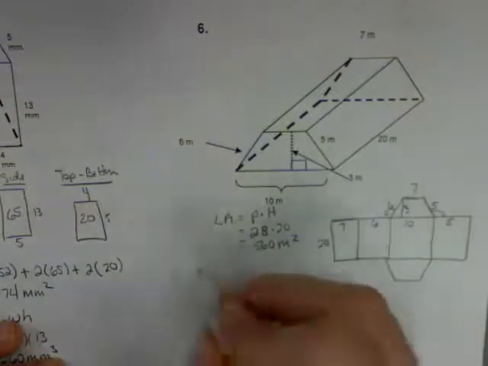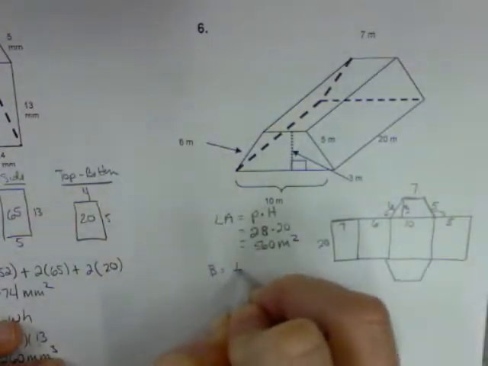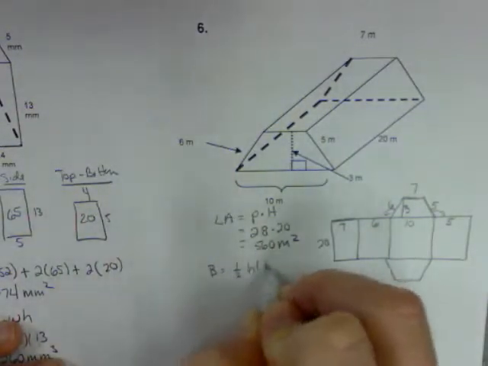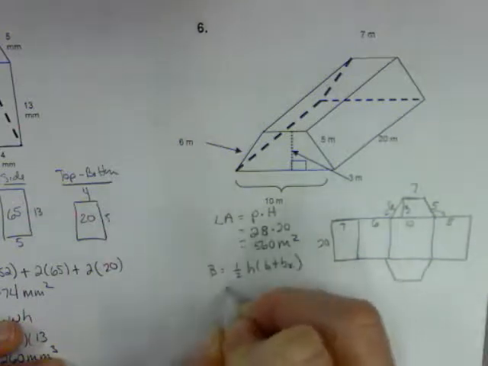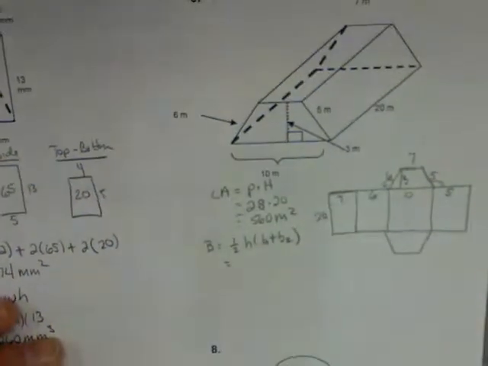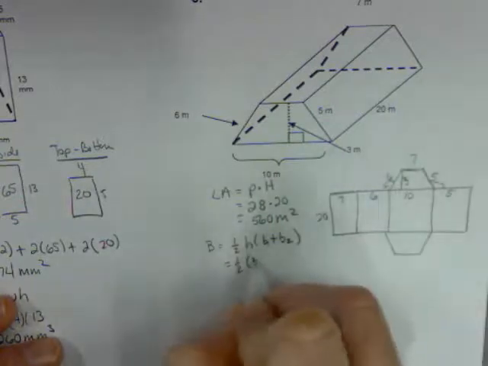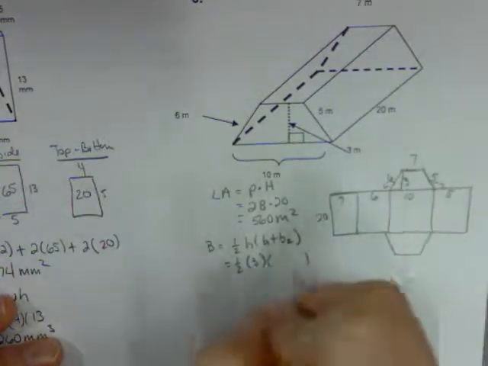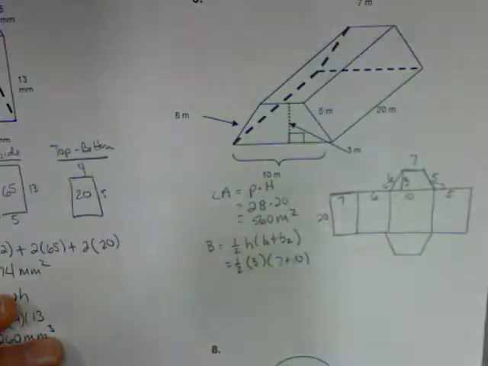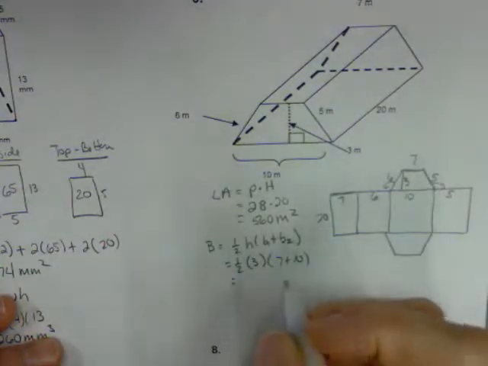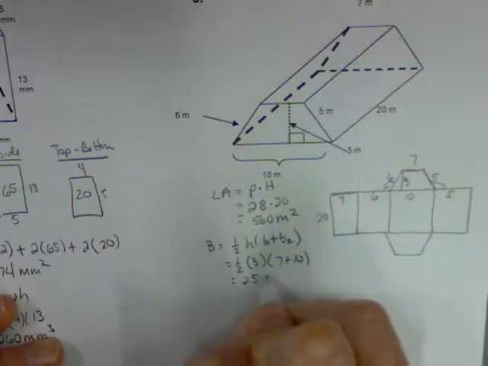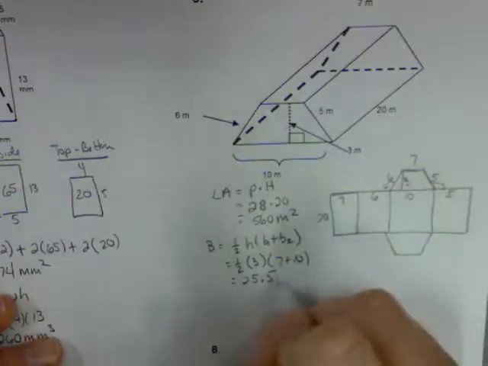So then we need the area of the base, which is 1/2 the height times base 1 plus base 2, because it's the area of a trapezoid. So the trapezoid's height is 3, and the two bases of the trapezoid are 7 and 10. So the area of our base is 25.5 meters squared.